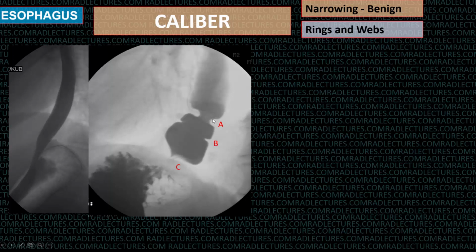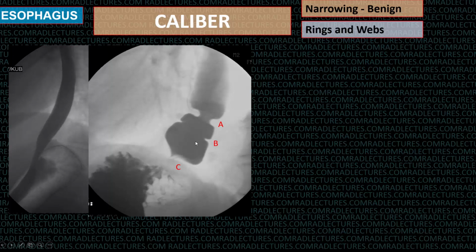So the top one is the A ring, which is the actual muscular portion of the lower esophageal sphincter. It will change its appearance with contraction because it is muscle contraction. As you go further down, you will find the area of the B ring, which is the squamocolumnar junction, the junction of the squamous mucosa with the columnar epithelium.